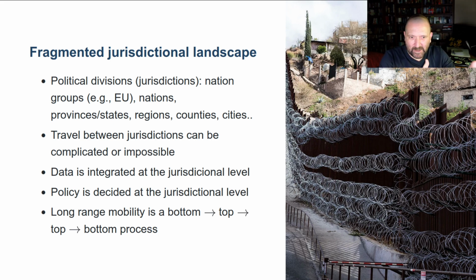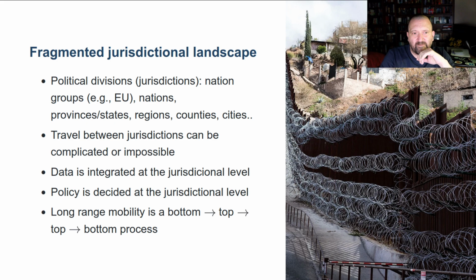And so the data you have is going to come with a certain geography associated with it. In the same way, the policies are implemented at some jurisdictional level, typically the country, but here in Canada, things are decided at the provincial level.